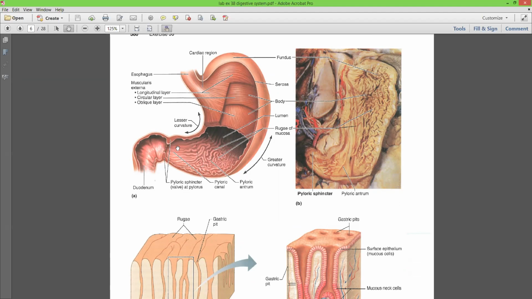If you eat food, it gets into the stomach, your stomach will blend it, churn it, that kind of thing. And then the pyloric sphincter allows a little bit of that chyme, which is now blended food, to be introduced into the duodenum, just a little bit at a time.